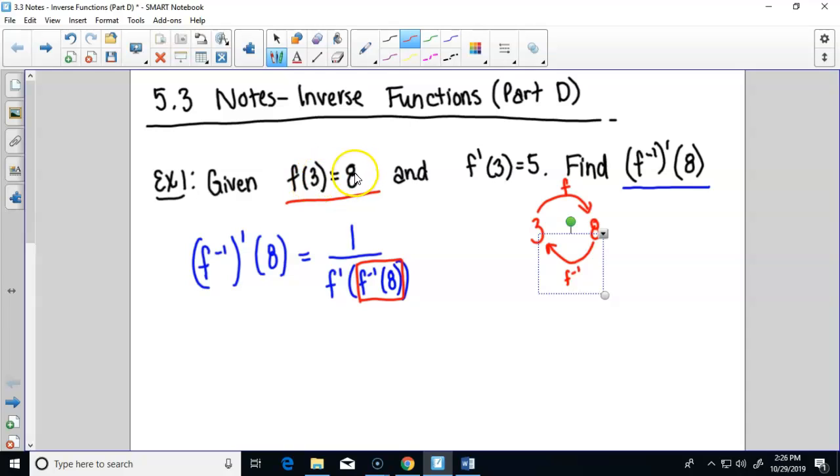So we plug 8 into the inverse, it'll give us 3, because it takes us back to what we started with. So f inverse of 8 is 3. Because right here, this is a y, takes us back to that x. So for this problem, we have 1 over f prime of 3.